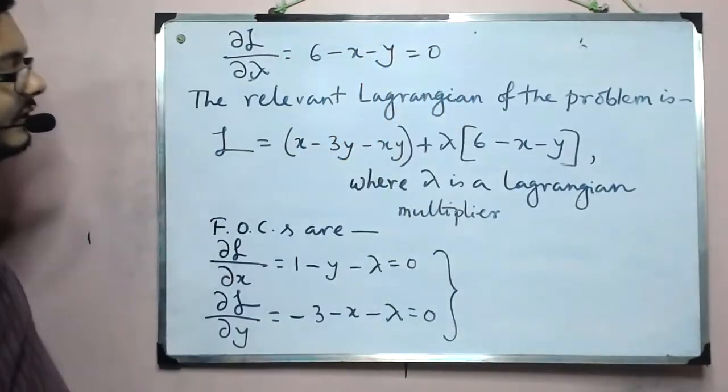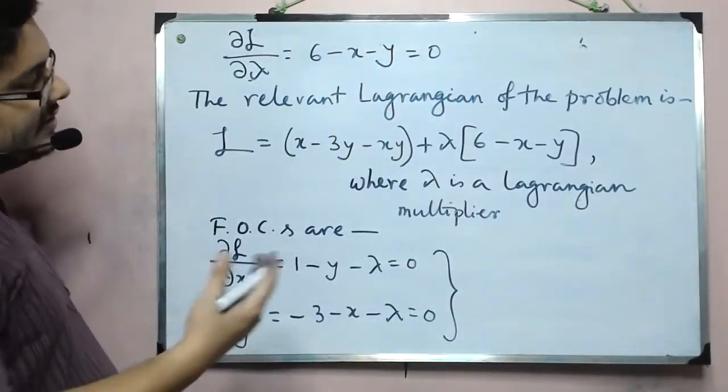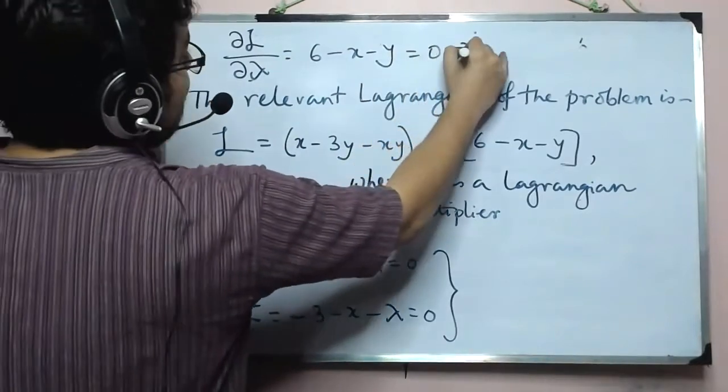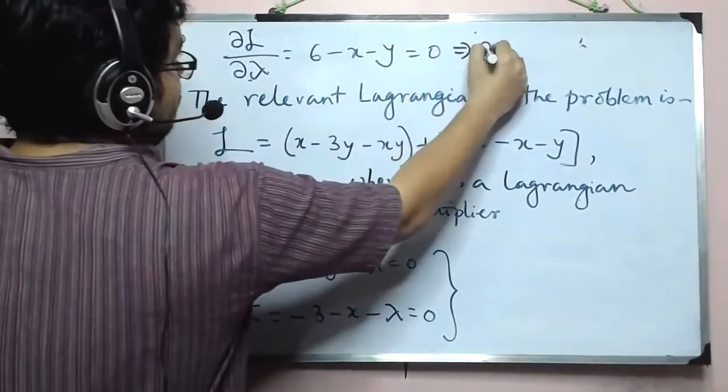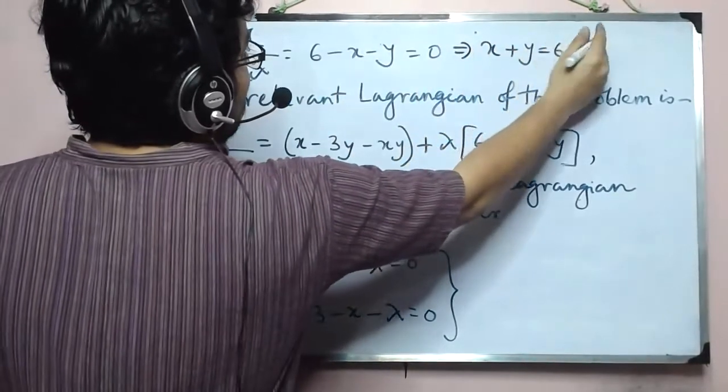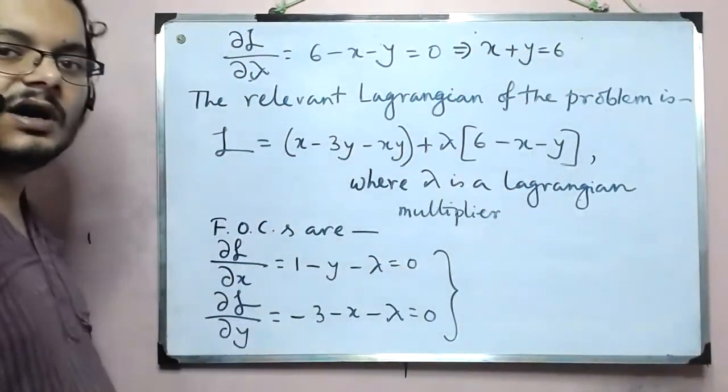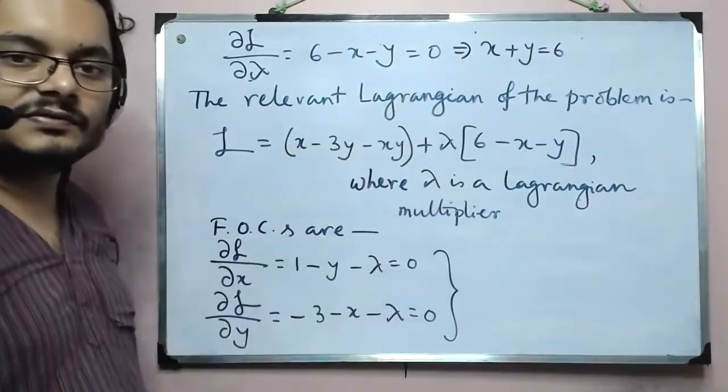Now, first of all, see that the third condition returns to us the constraint itself.